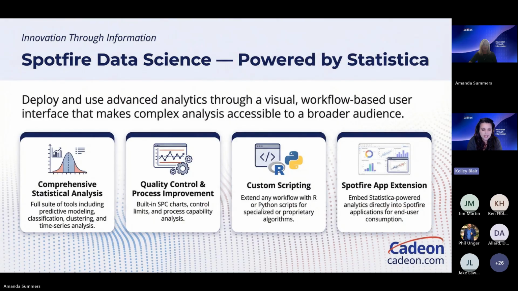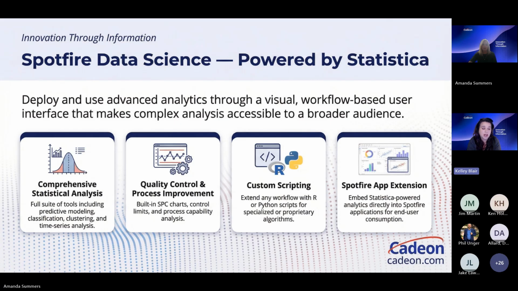All right, so again, you'll see when we get into it, there's a lot of different tools for doing statistical analysis. There's tools for quality control and process improvement, support for custom scripting. And one of the things that we're going to highlight today is how it can fairly seamlessly integrate within Spotfire.